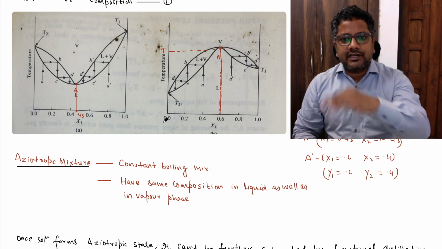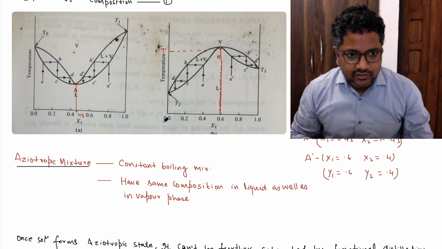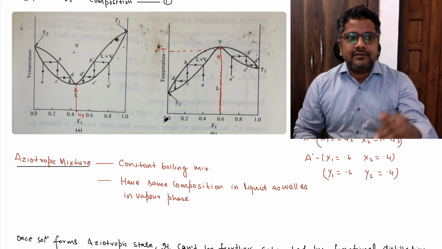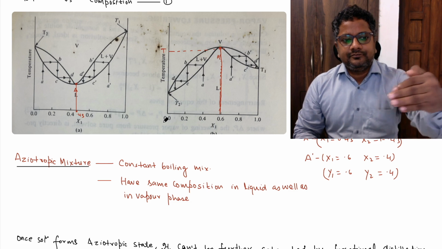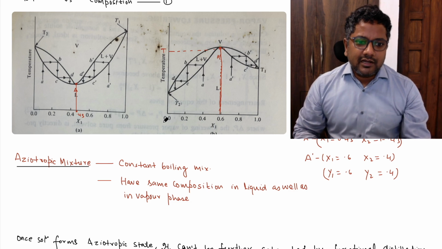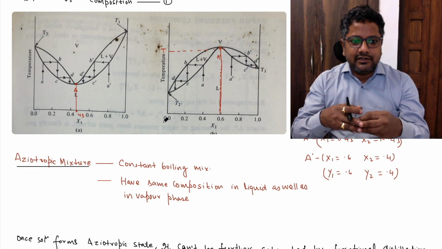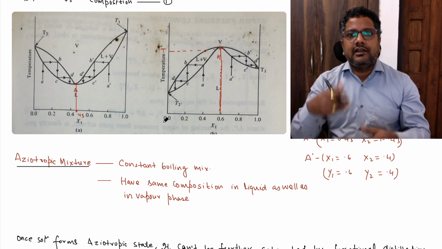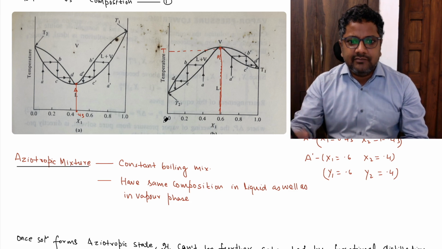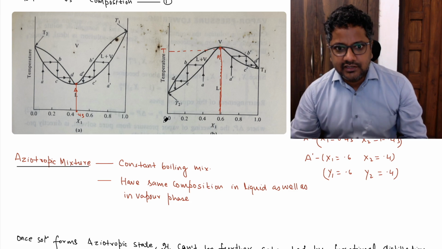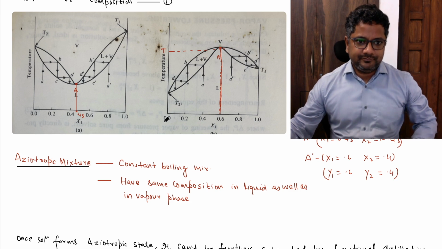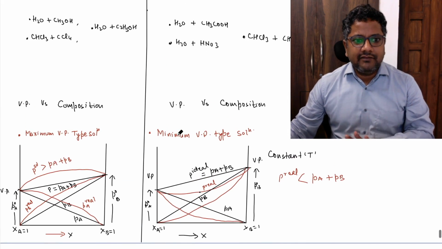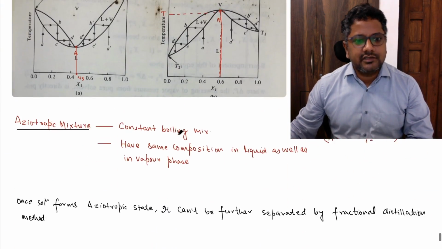One more feature is that vapor and liquid merge together at that composition, meaning liquid and vapor both have the same mole fractions, right? Good. So this is all about positive and negative deviations from Raoult's law.